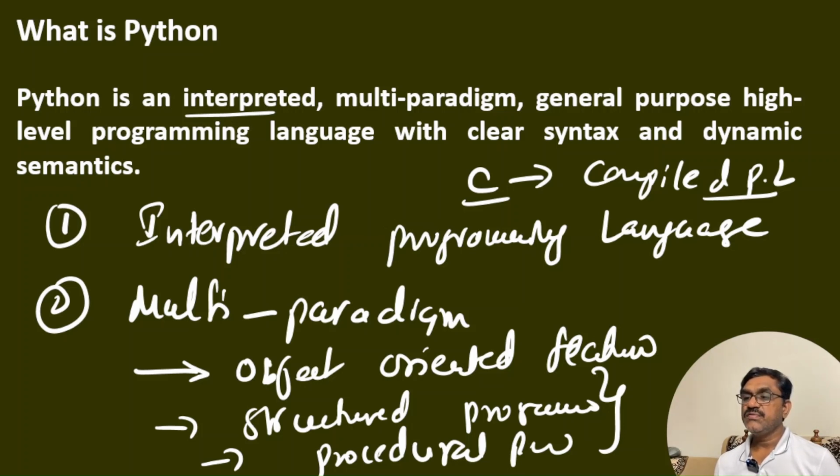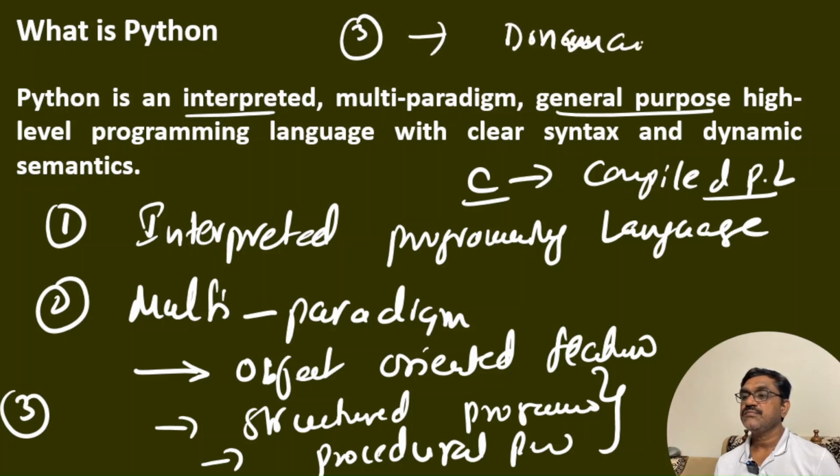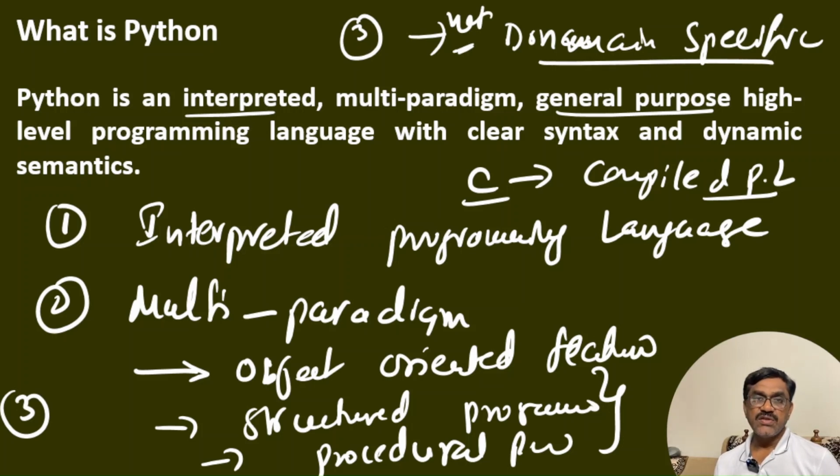And the third one we are talking about here is it is general purpose. What do you mean by general purpose? Python is not domain specific. That means it can be used for various applications.